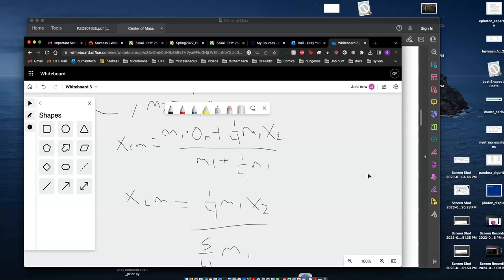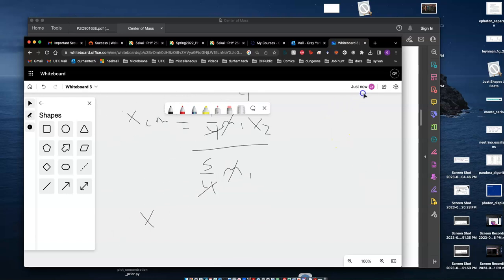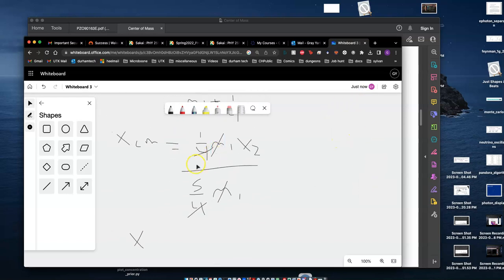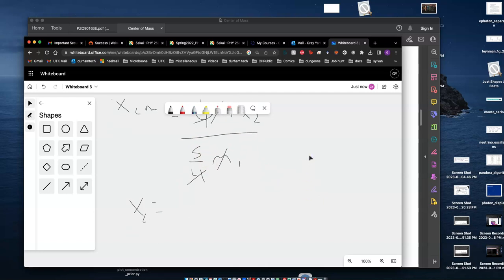We cancel our 4s, and we cancel our M1s, and then we should have our answer that the x of the center of mass is equal to x2 over 5. So 20% or 1/5 of the way to the other connected object, based on the fact that we have 1/4 of the mass. So there's not much intuitive to remember there.